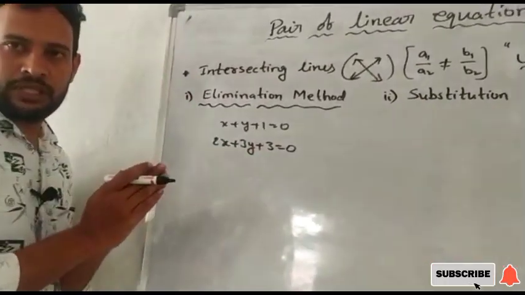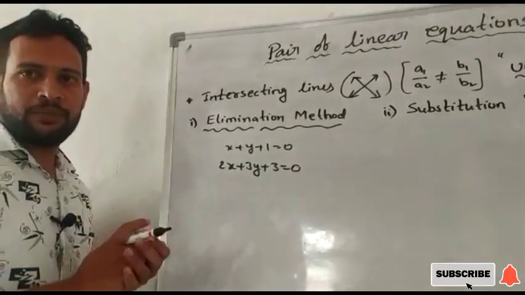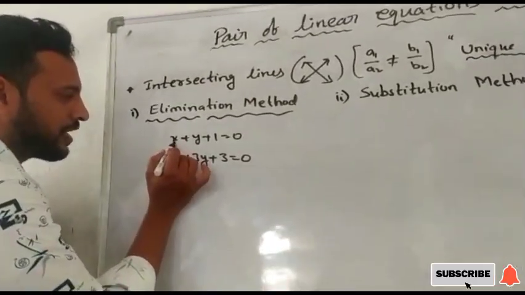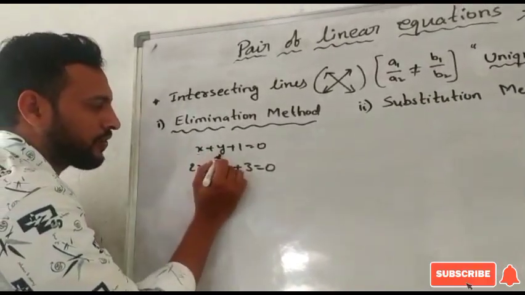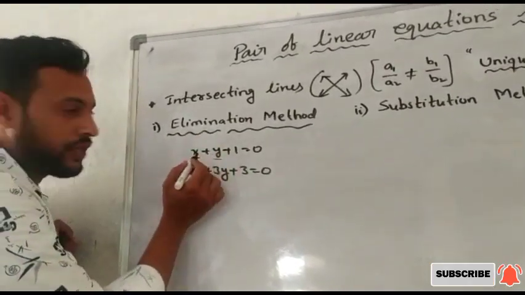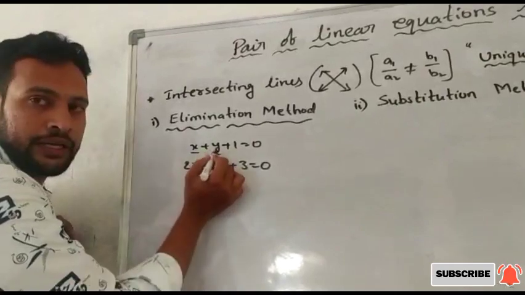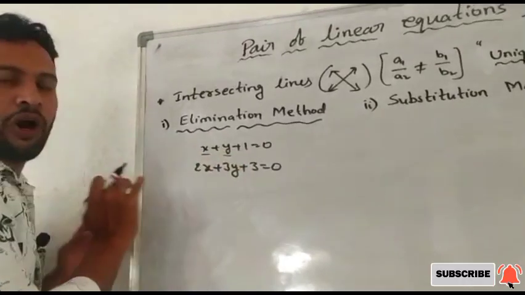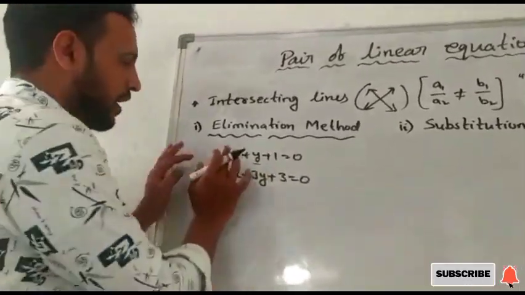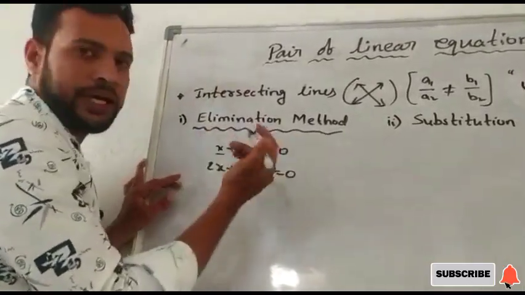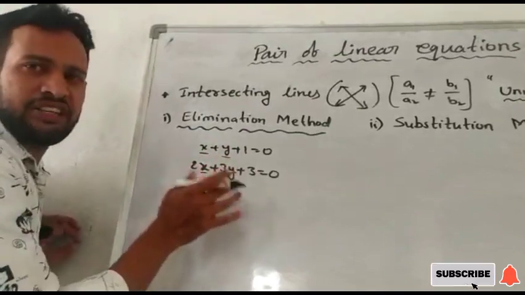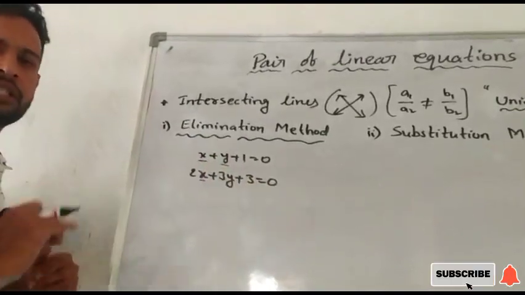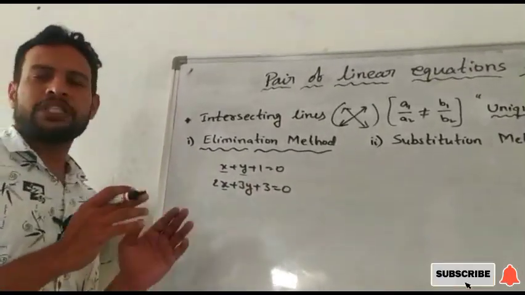In the x variable and y variable, at least one of the variable's coefficients must be the same in both equations. By seeing these two equations, the x coefficients are not similar and the y coefficients are not similar, so I am going to make them similar.